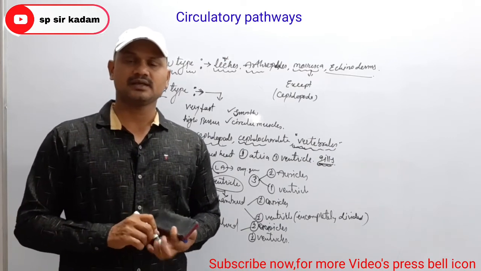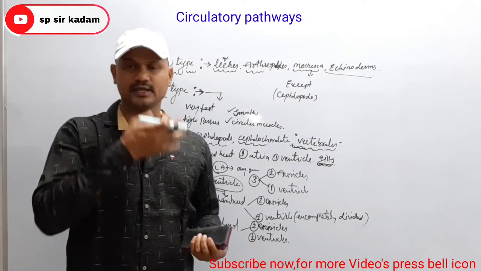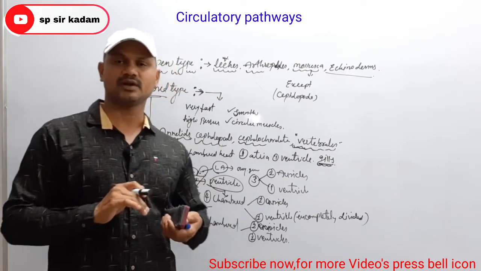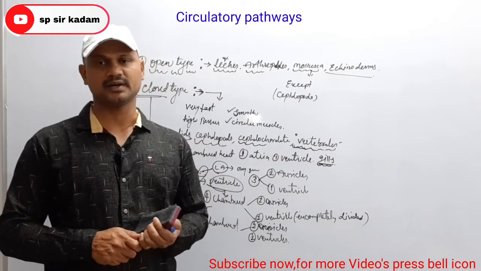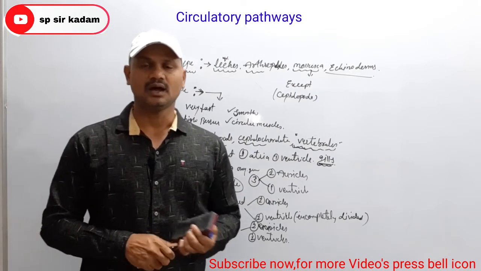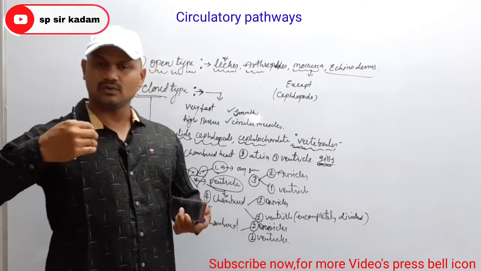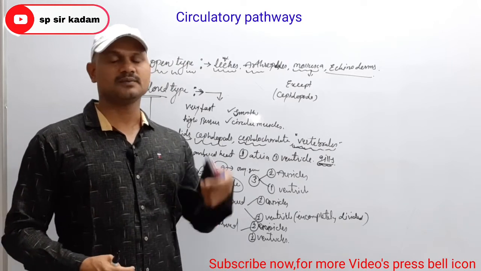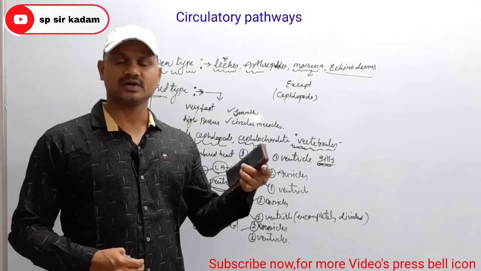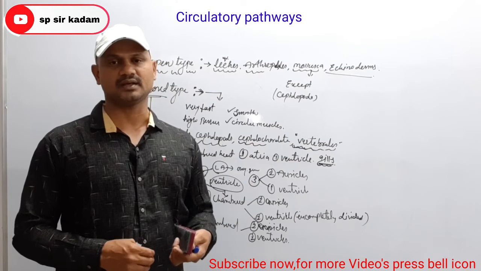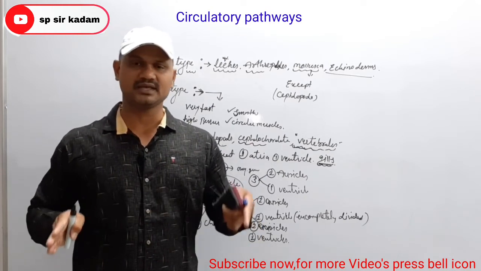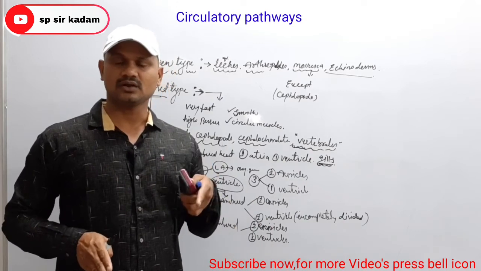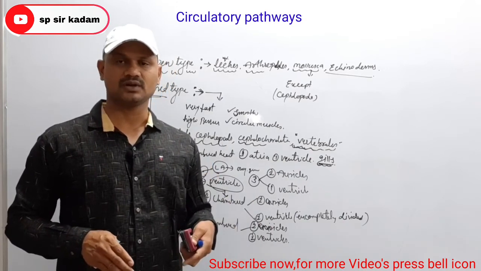The right auricle receives deoxygenated blood from the different body parts, and the left auricle receives oxygenated blood from respiratory organs like lungs. The right auricle opens into the right ventricle, and similarly the left auricle opens into the left ventricle. Both auricles and ventricles are completely separated by septums: the interauricular septum and the interventricular septum.